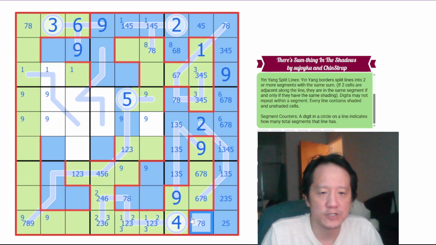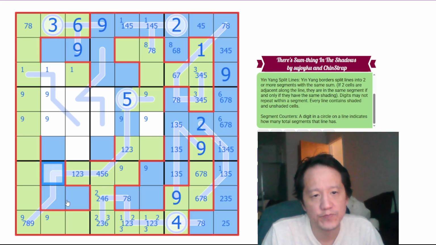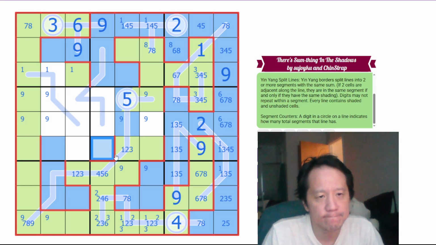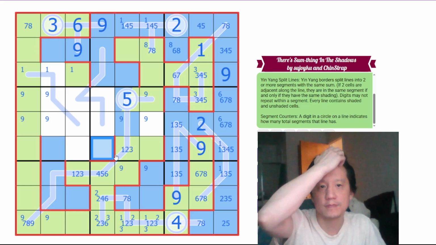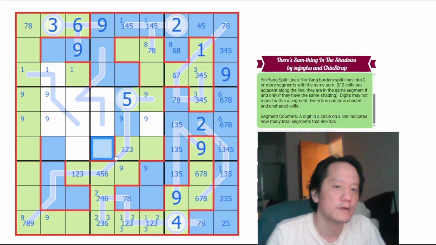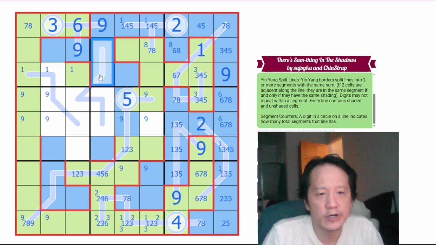This is the same digit as that. It could be here. That's possible. One of these is 7, 8, or 9. We're not sure which. This cannot contain a 1.